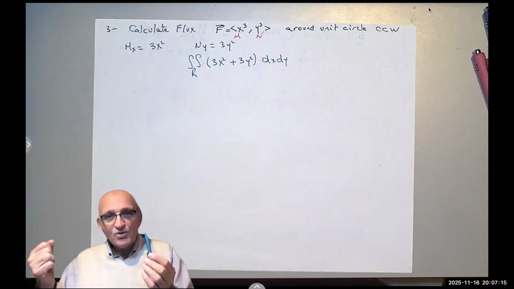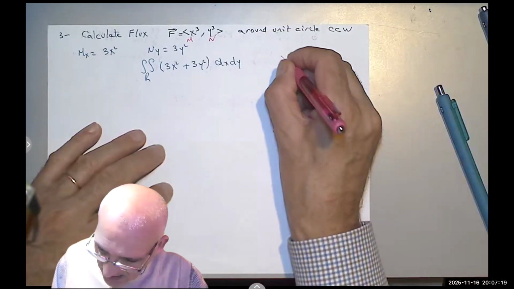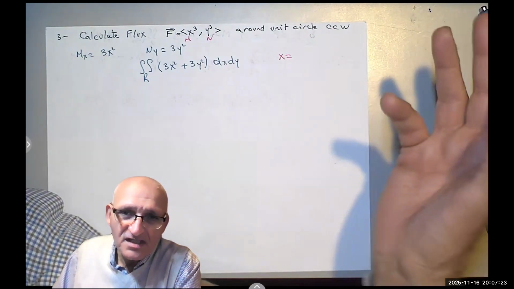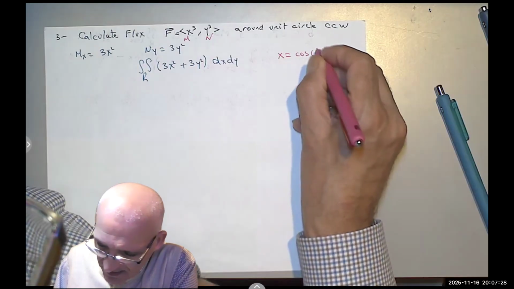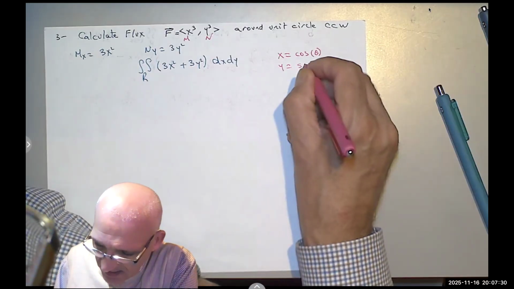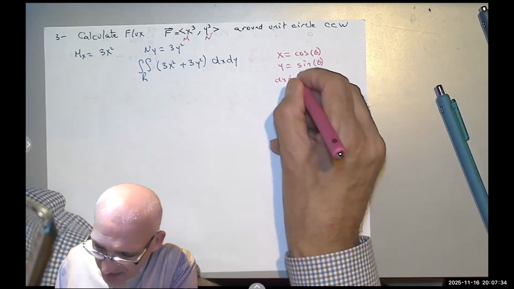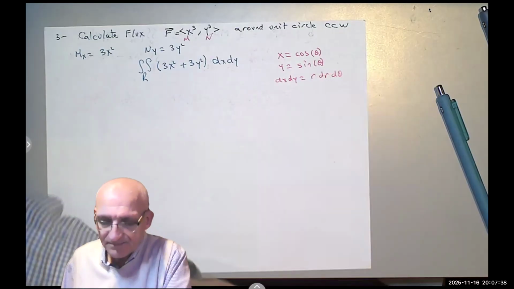Yep, polar coordinates. So we are going to say x, it's a unit circle, so the radius is 1. So we're going to say x is cos theta, and y is sine theta. And dx dy, remember, is r dr d theta.